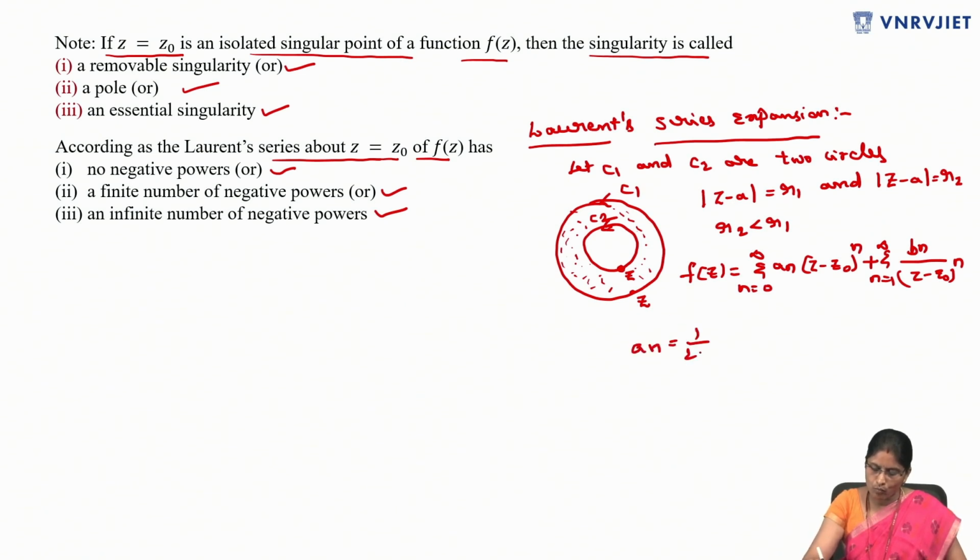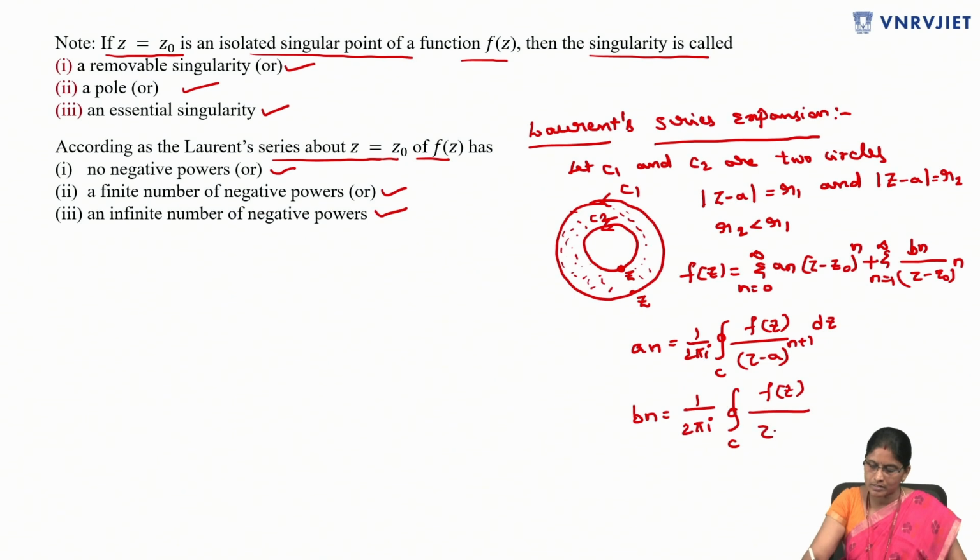an = 1/(2 pi i) closed integral over C of f(z) / (z - a)^(n+1) dz, and bn = 1/(2 pi i) closed integral over C of f(z) / (z - a)^(-n+1) dz, where the integrals are taken around the circles C1 and C2 in the anti-clockwise direction.